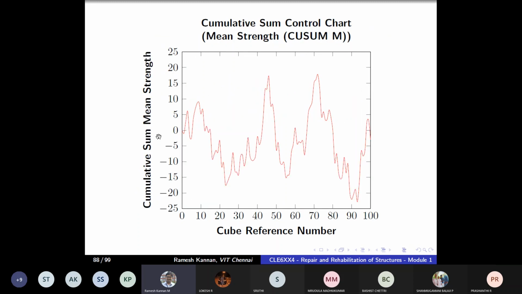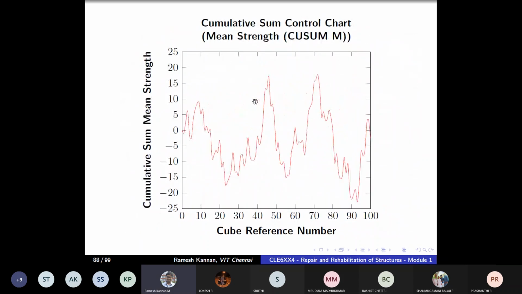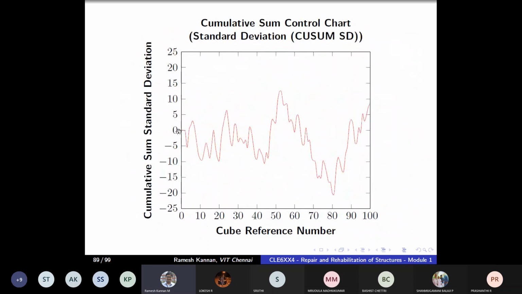Then we talk about QSUM mean strength. Here it is QSUM mean strength, and it gets varied from 0 to negative 25 and positive 25, and this is the variability.